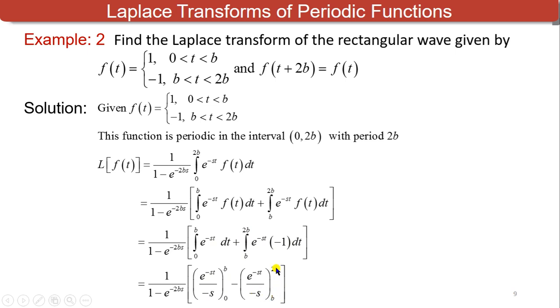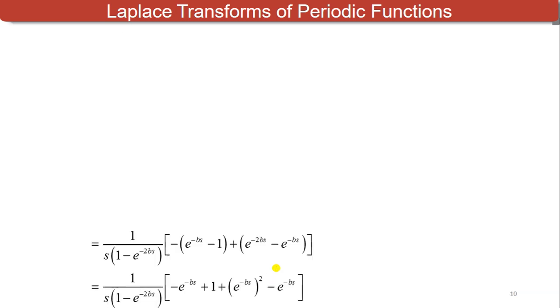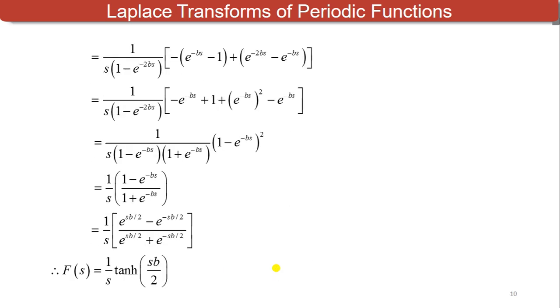Substitute the upper and lower limit values. 1 by s into 1 minus e power minus 2bs into minus e power minus bs minus 1 plus e power minus 2bs minus e power minus bs, which is equal to 1 by s into 1 minus e power minus 2bs minus e power minus bs. Here also we have a minus e power minus bs.